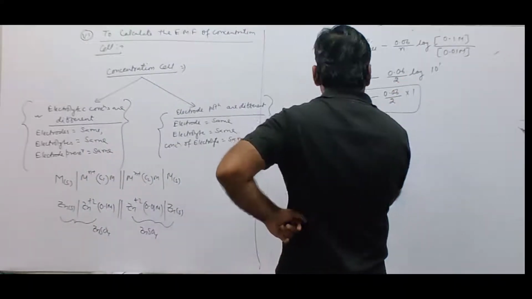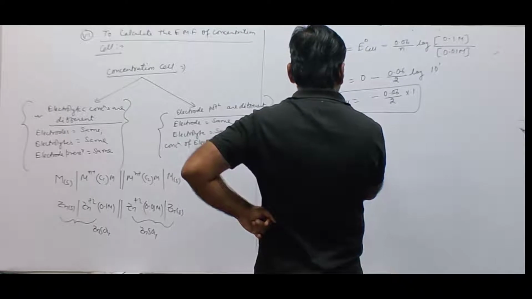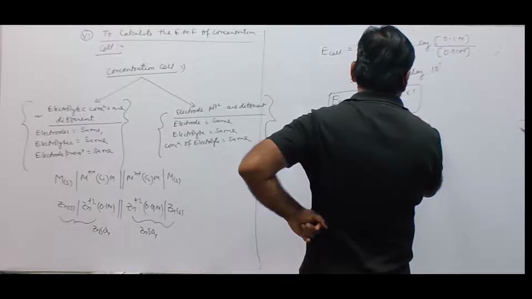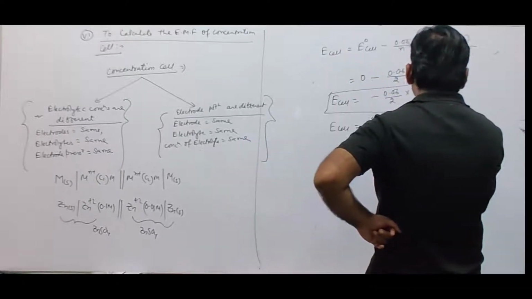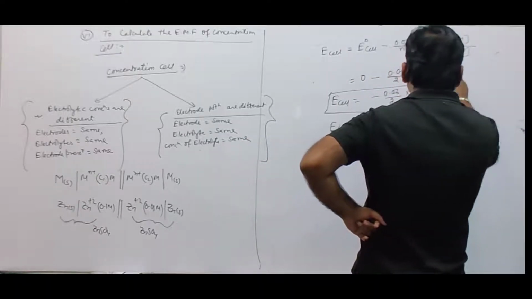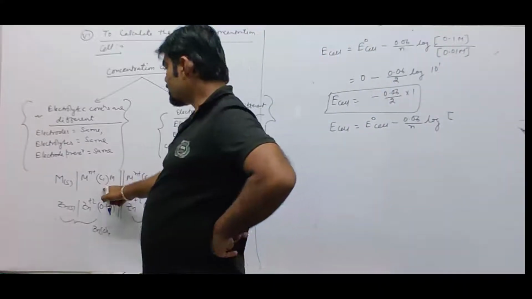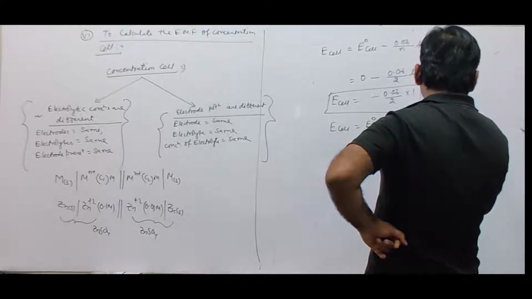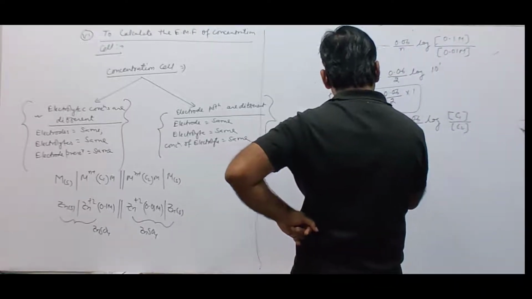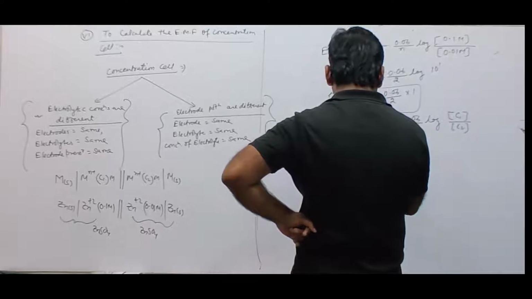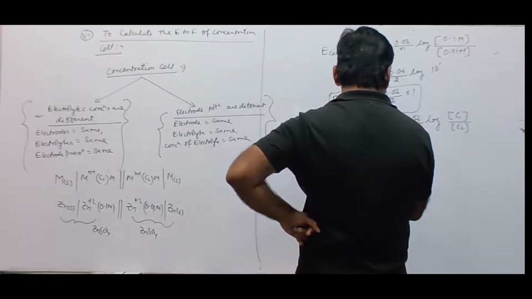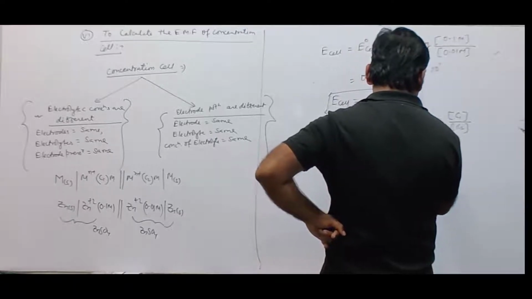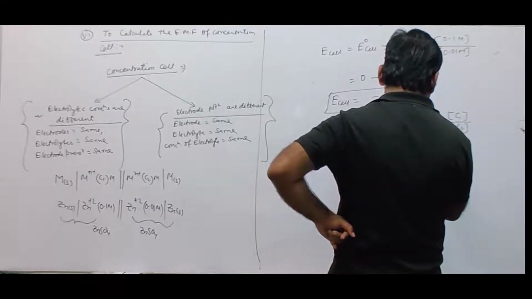Now let's say we take EMF of cell as E naught of cell minus 0.06 by n log base 10, and this will be C1 and this will be C2. E naught is equal to 0 because the same electrode is there. So EMF of cell is equal to minus 0.06 by n log of C1 by C2.